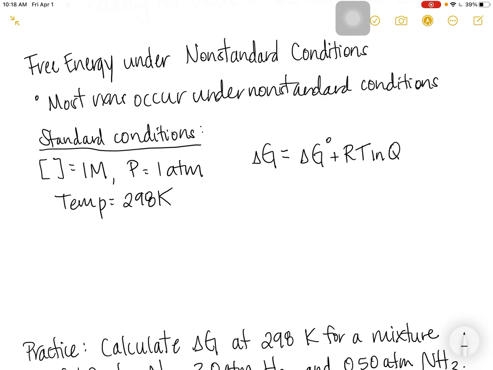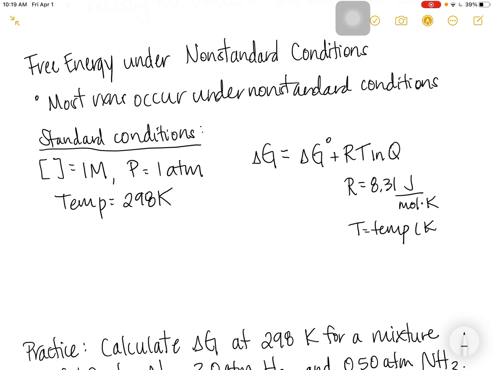That formula is that delta G at any conditions can be calculated if I know delta G at standard conditions, if I know R, which is the gas constant, T, temperature, and the natural log of Q, which of course is our reaction quotient, or what we call fake K. R is the gas constant with slightly different units here.